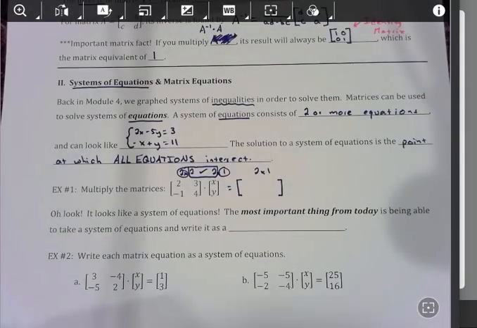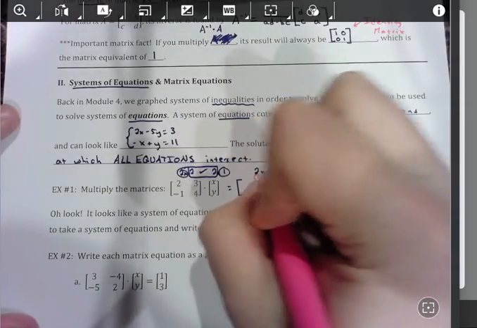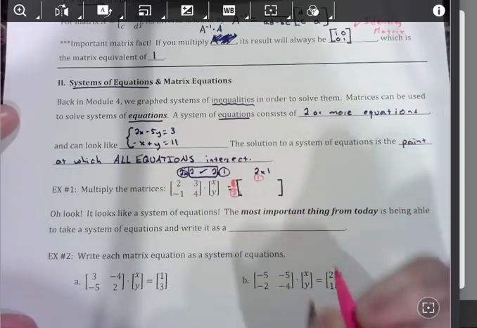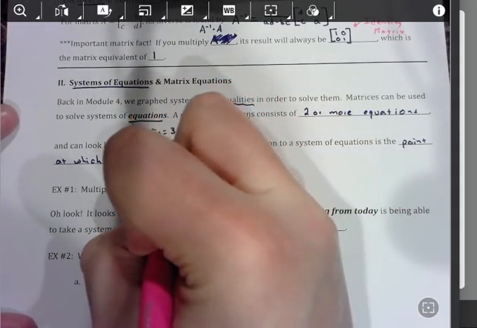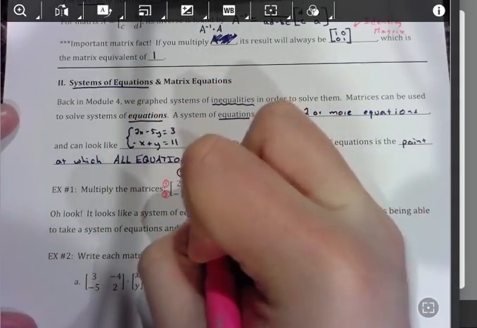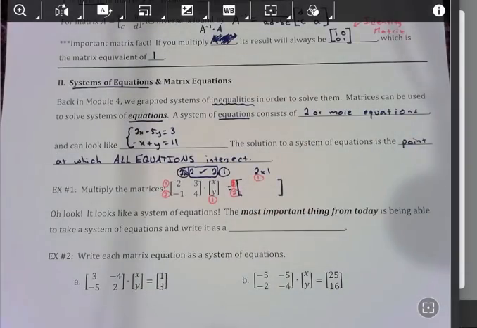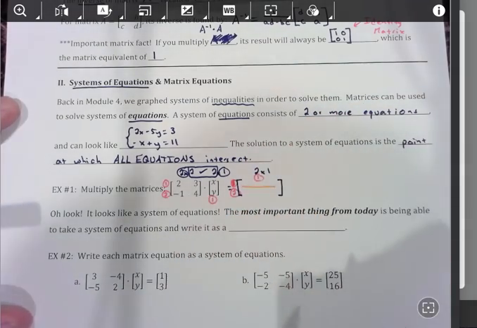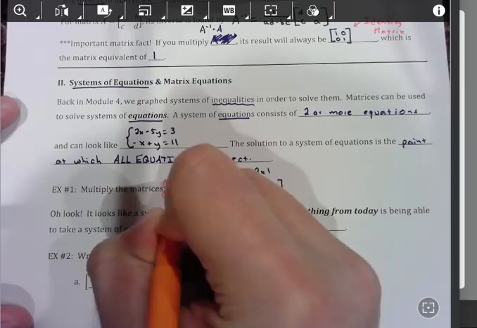So I'll go ahead and label everything. We should have 1 column, first row, second row. So I'll label my rows, row 1, row 2. I'll label my column, column 1. And then I'll go through and do my multiplication. To figure out what goes here, that's in row 1, column 1.